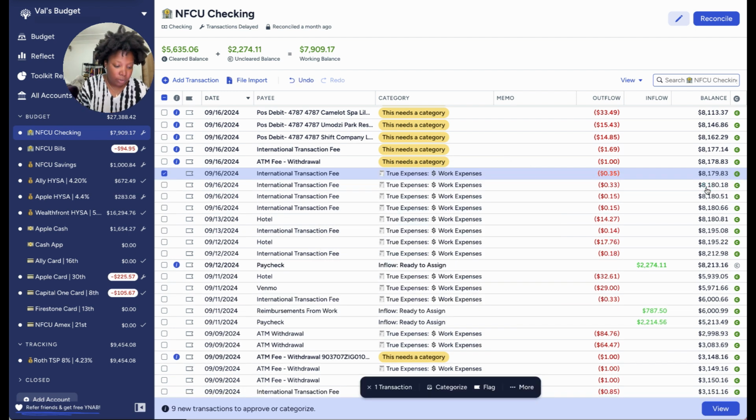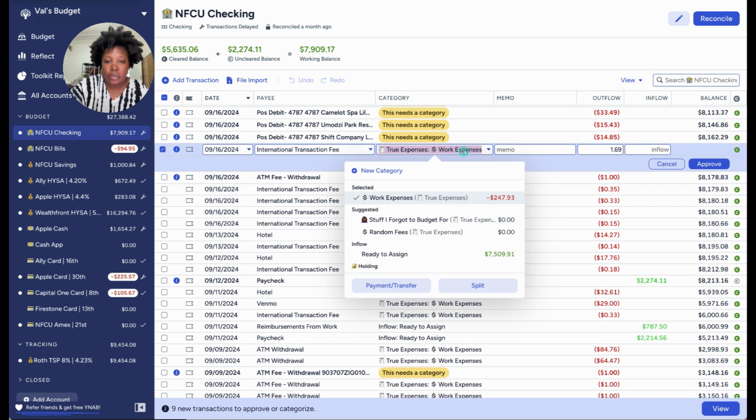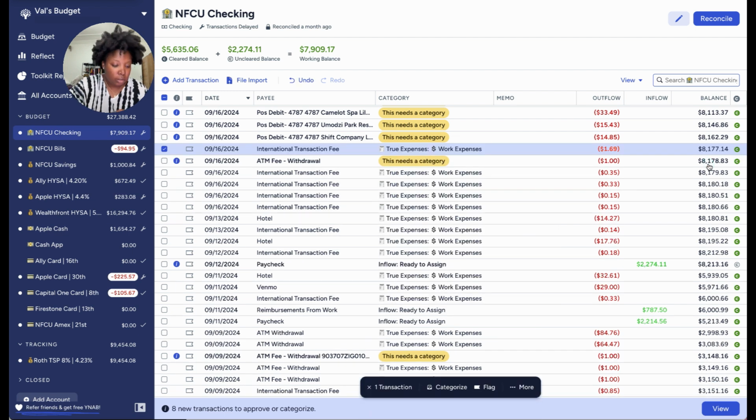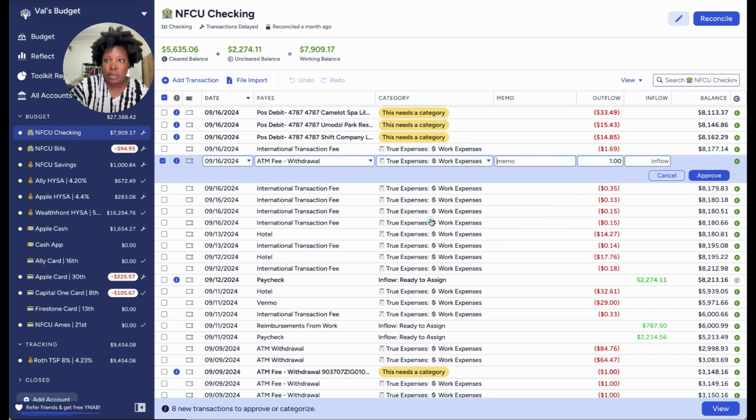And then we have one for $1.69, and that's this one here. It's already labeled as international transaction, so that's good. Then we have an ATM withdrawal fee. Already got that. I'll label this as work expense.